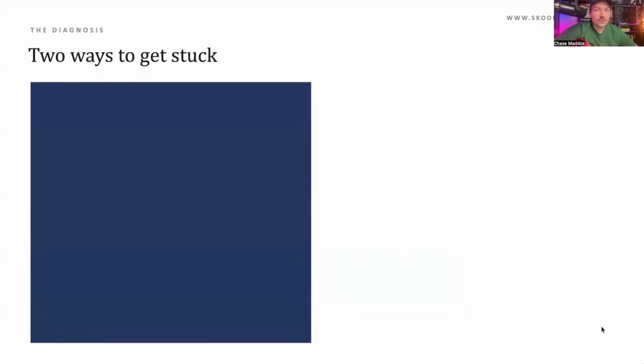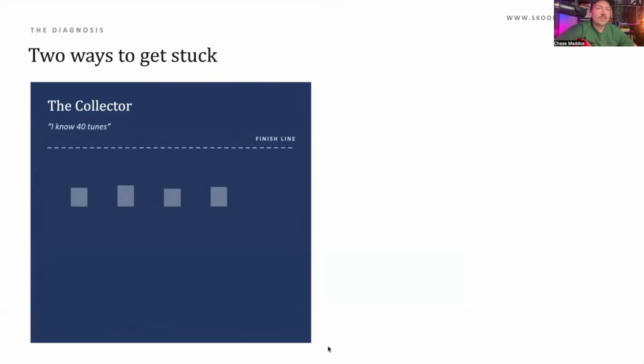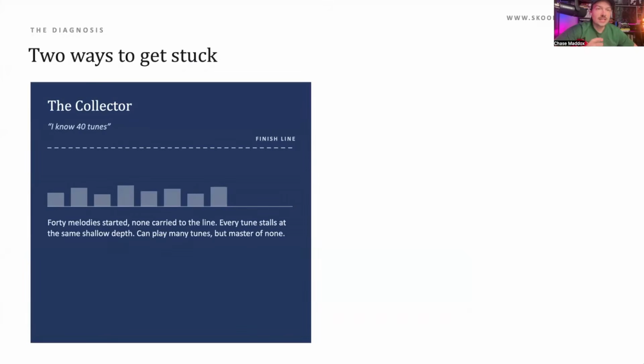All right, so the two ways I see people getting stuck with repertoire. The first one I call the collector, where they know a bunch of tunes, but not really at any mastered level. They haven't really gotten any to the finish line or this mastery point. Maybe they know the melodies or some of the chords, just a little bit of a lot of tunes.